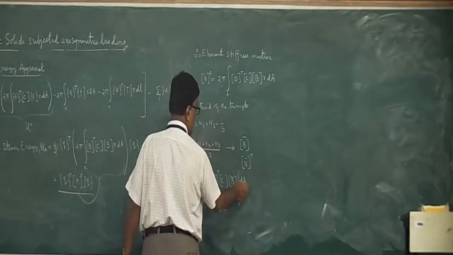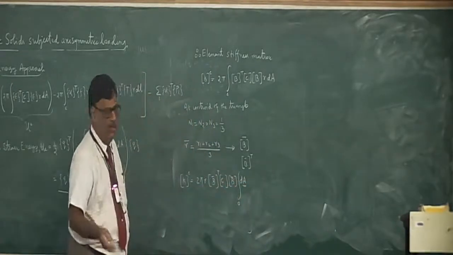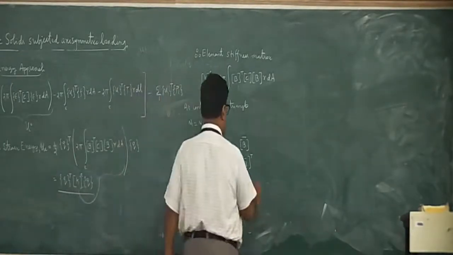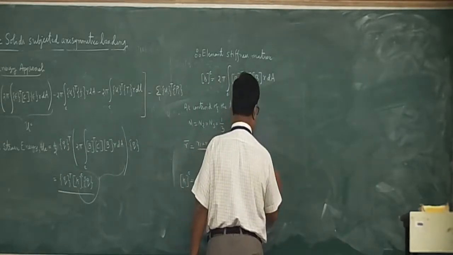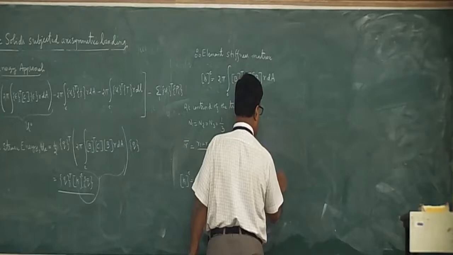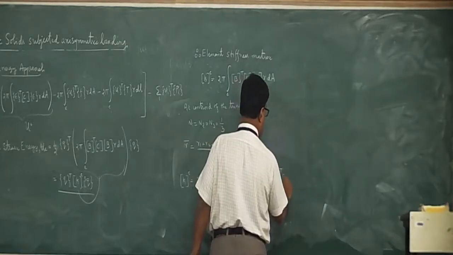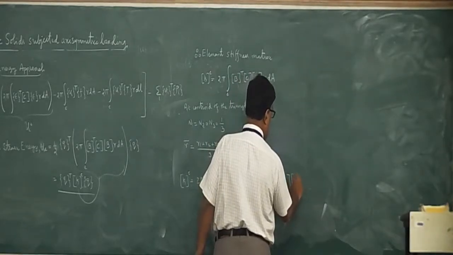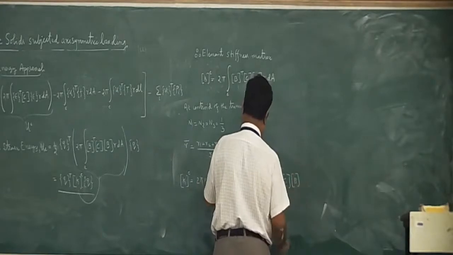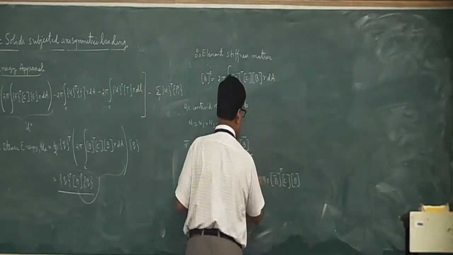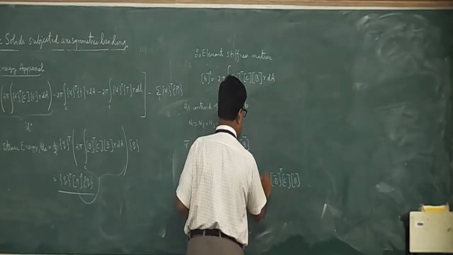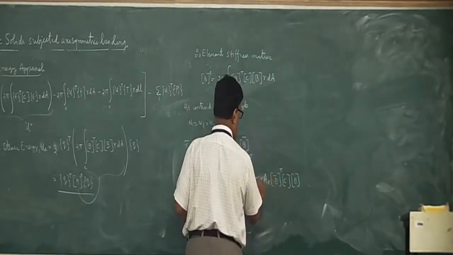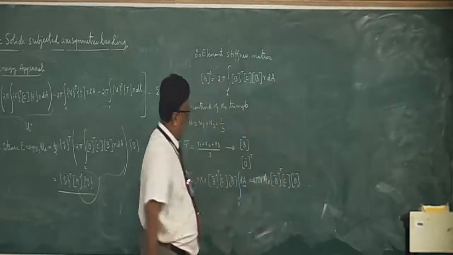And this integration over the element is nothing but the area of the element only. So what I can get is 2 pi R B bar transpose C B bar, and the area of the element will come into picture: 2 pi R into AE. This is what I can write down.